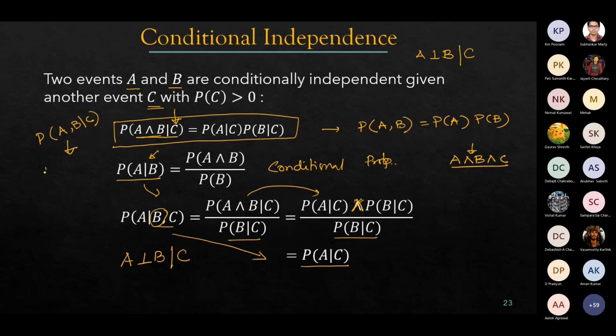These two are the same, this and A and B given C. And sir, in the third line, A given B comma C means A given B and C? Yes.